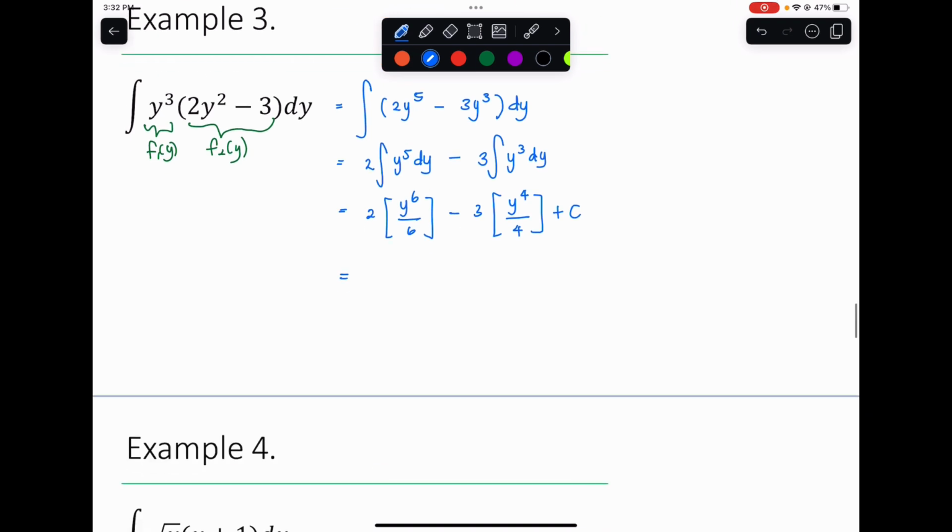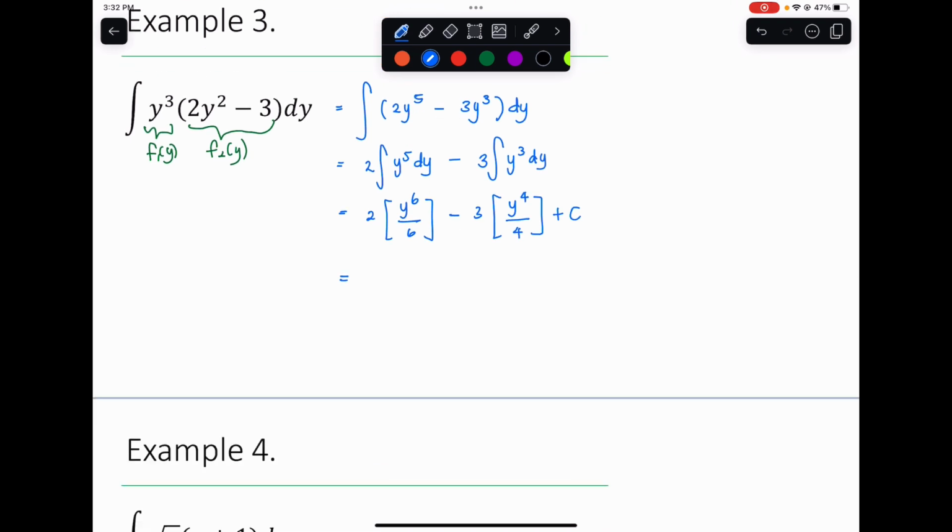So finally, our answer would be 2/3, but 2 over 6 is the same as 1/3. So 1/3 of y raised to 6 minus 3 over 4, or 3/4 of y to the 4th, plus c. So 1/3 y to the 6 minus 3/4 y to the 4th plus c will be our integral.